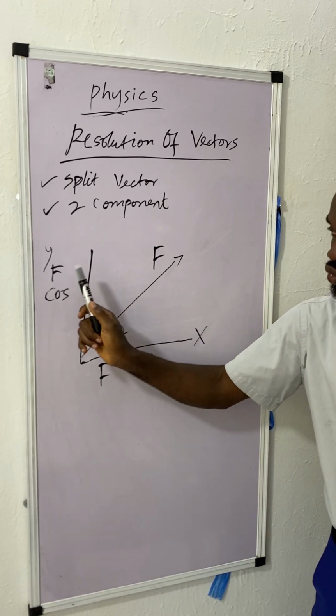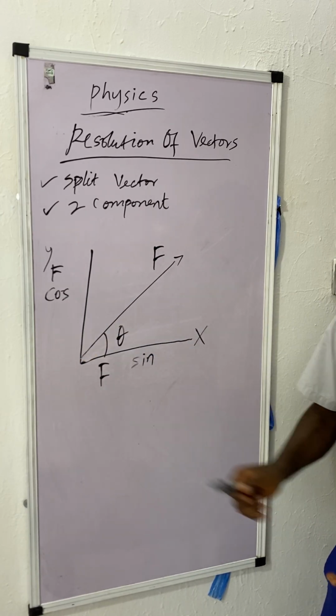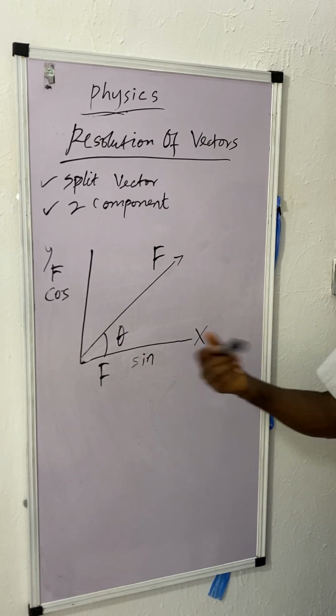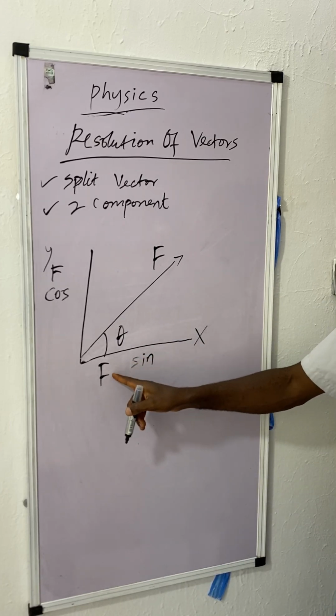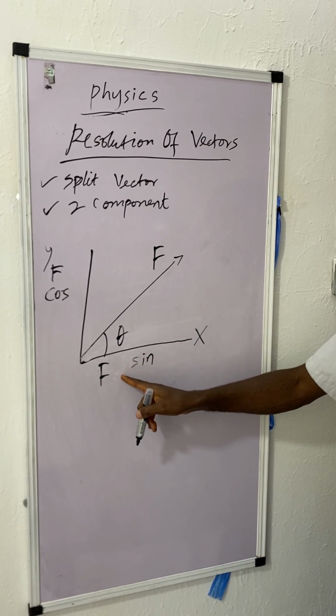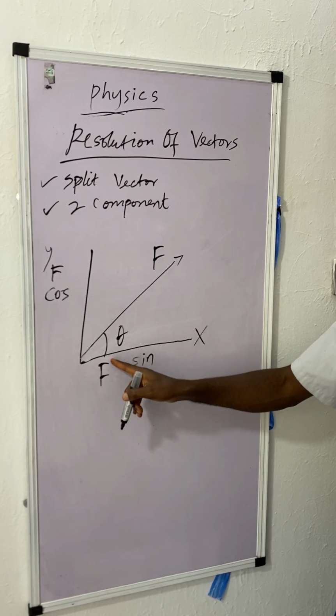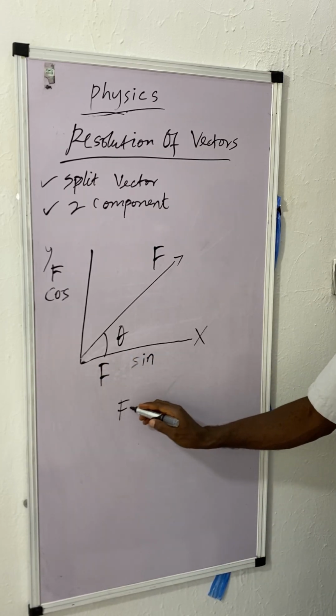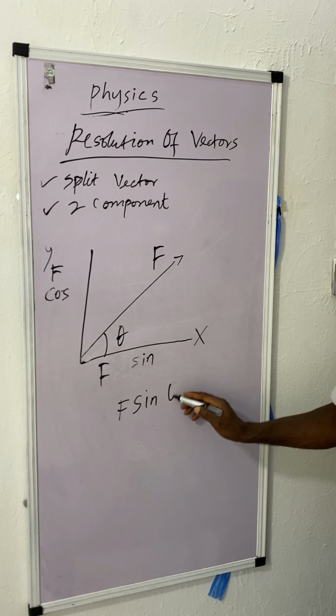Or they can label this as force 1 and this as force 2 and tell you to look for force 1. It's easy. If we are working on this horizontal axis, for example, the formula will be F sine theta.